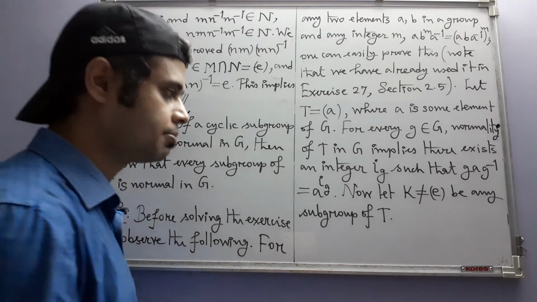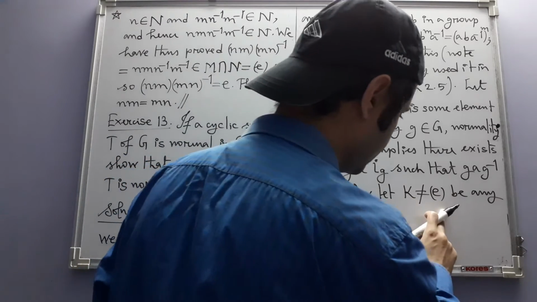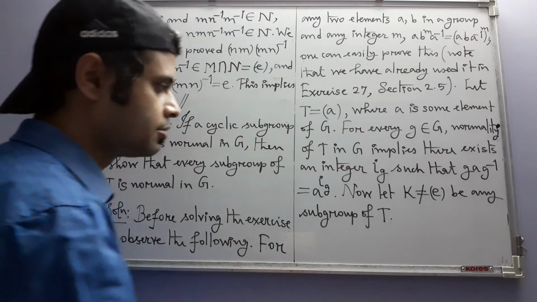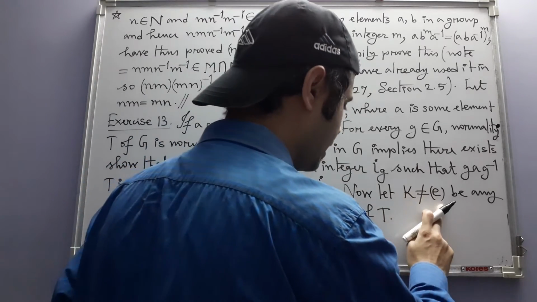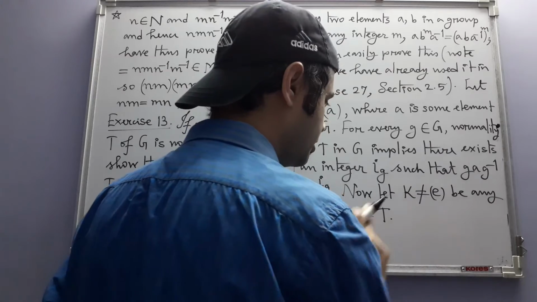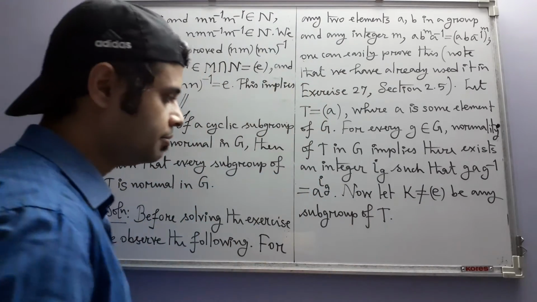Actually it's a normal subgroup, so there is no need to consider the case where K is equal to E. So K is a non-identity or non-trivial subgroup of T.